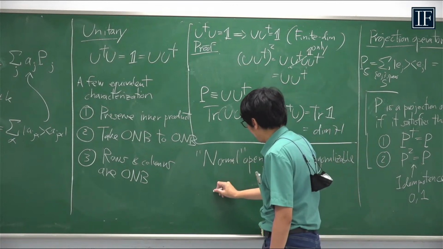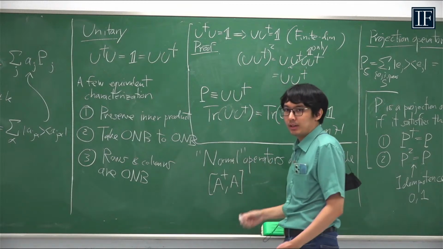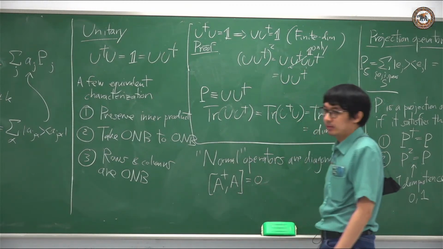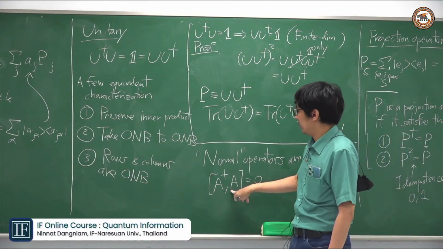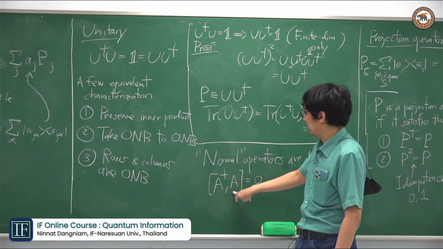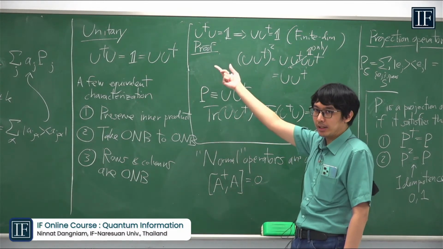These are operators that commute with their own dagger. You can see that this generalizes the definition of both Hermitian and unitary matrices as well.